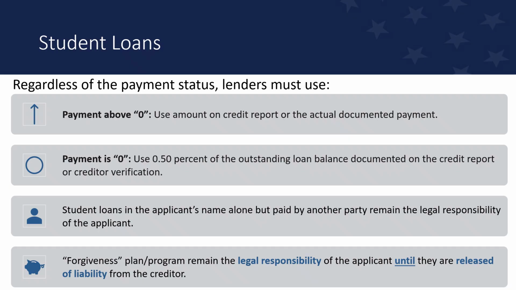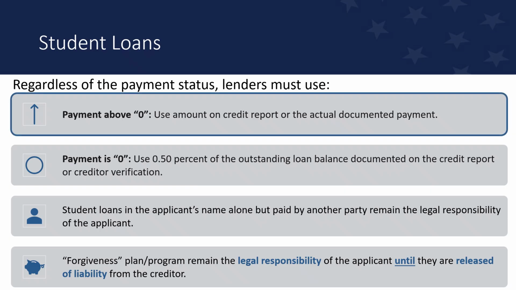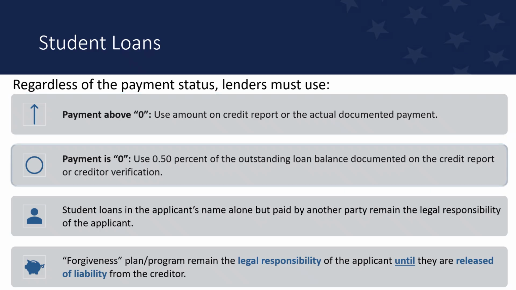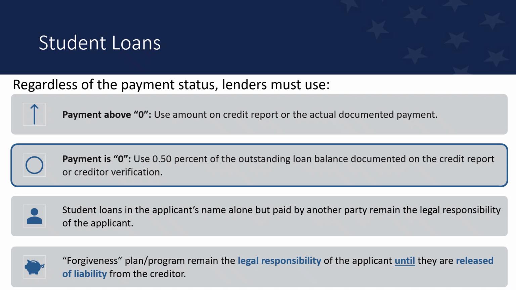Now, if an applicant has outstanding student loans, regardless of the payment status, lenders must include the following payments. When the payment amount is above zero, use the payment amount reported on the credit report or the actual documented payment. When the payment amount is zero, use 0.5% of the outstanding loan balance documented on the credit report or creditor verification.